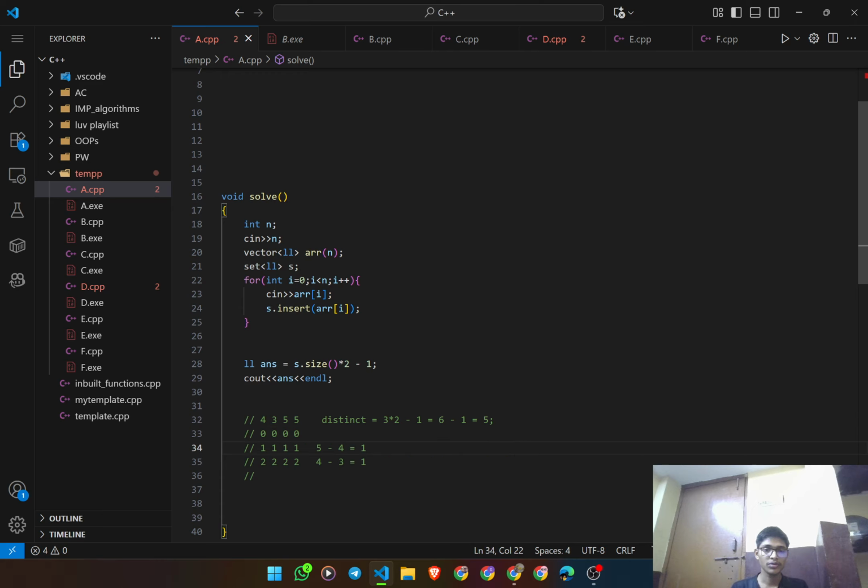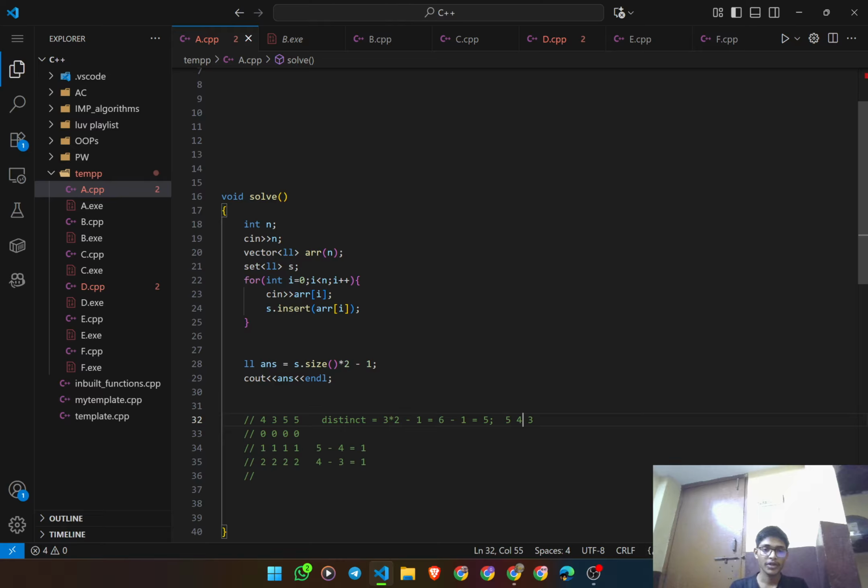Okay, so we have 0 0 0. After that we will take the changes. You can do it iteratively also. You can sort this array like 5 4 and 3, and you can find the distance.